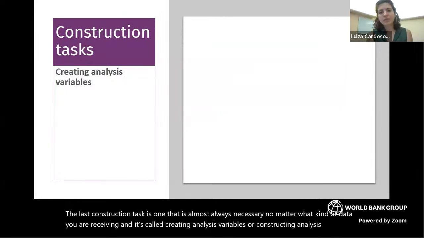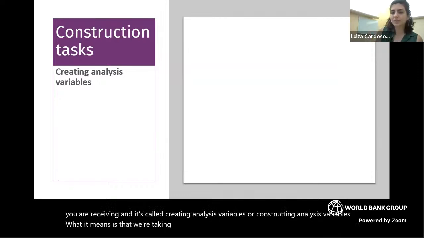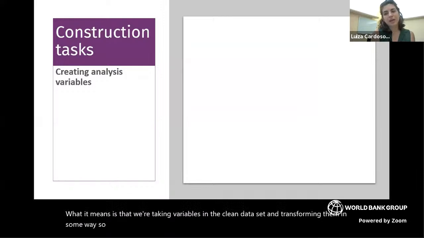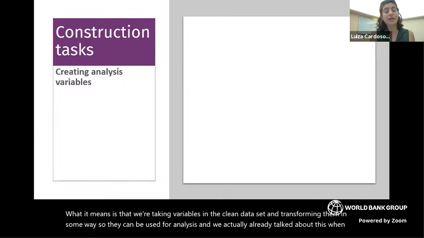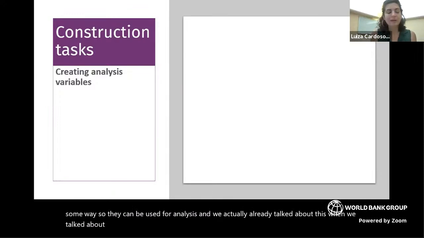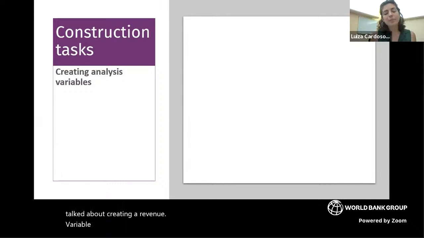What it means is that we're taking variables in the clean data set and transforming them in some way so they can be used for analysis. And we actually already talked about this when we talked about creating a revenue variable or standardizing the units that we use to measure our plot size.